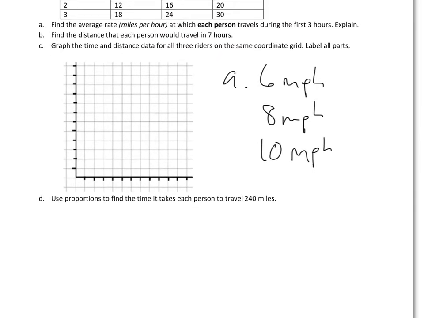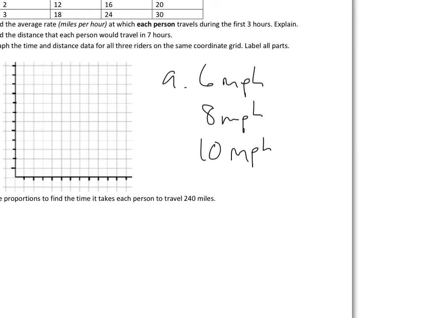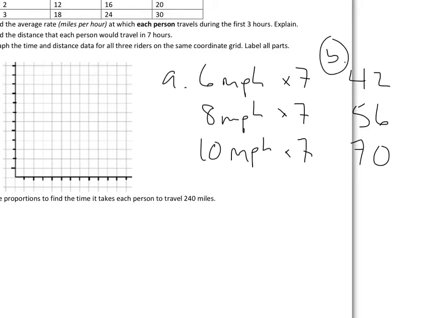Well, you just take all of these and multiply them times 7. Jose goes 42 miles in 7 hours, Mario goes 56 miles in 7 hours, and Melanie goes 70 miles in 7 hours. And that's part B.